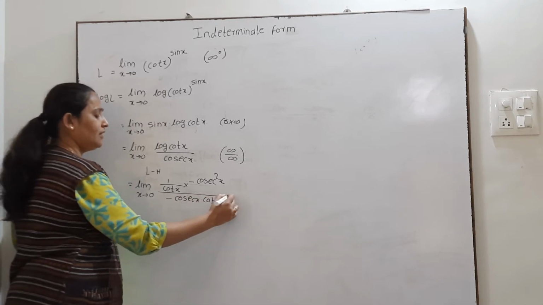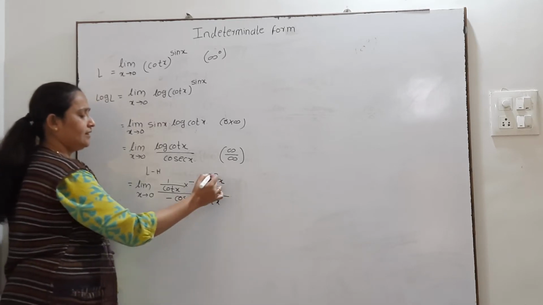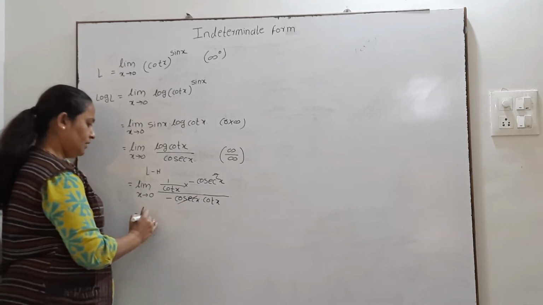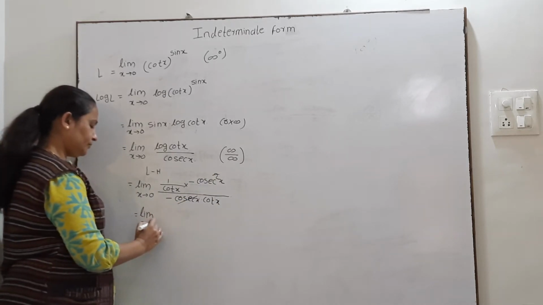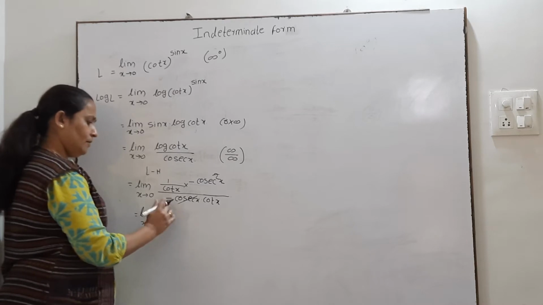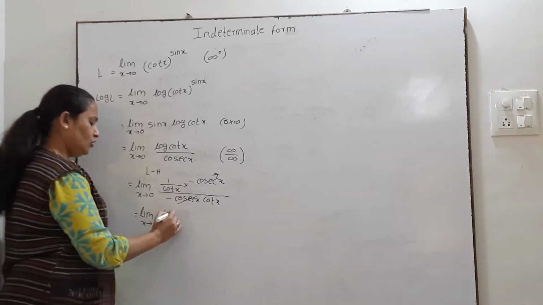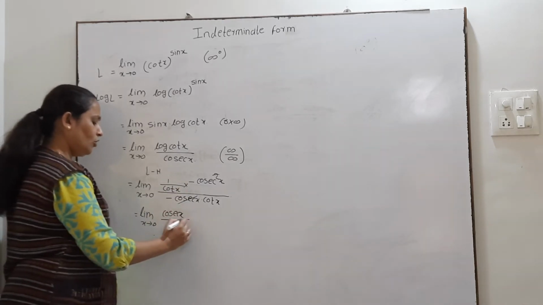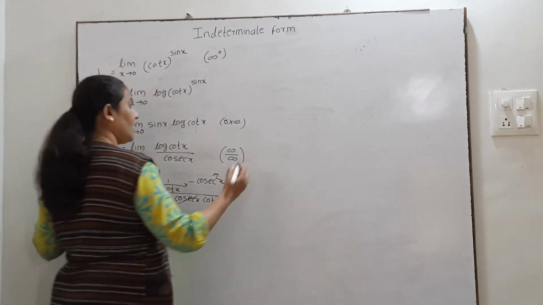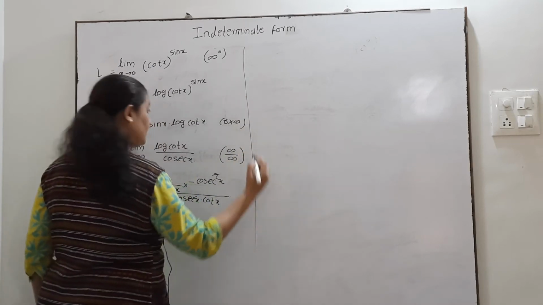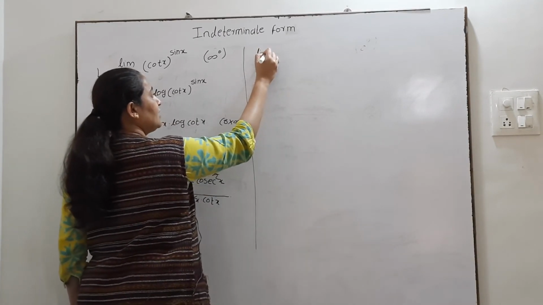We will simplify this. One cosec will get cancelled. What is remaining? Minus minus will get cancelled. Cosec x upon cot square x. If I convert this in terms of sine and cos, this will be limit x tends to 0.